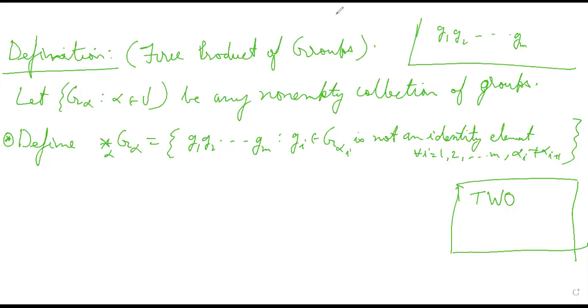First, this star G alpha we have defined like this. Now we will define a binary operation, and then give some clarifications.